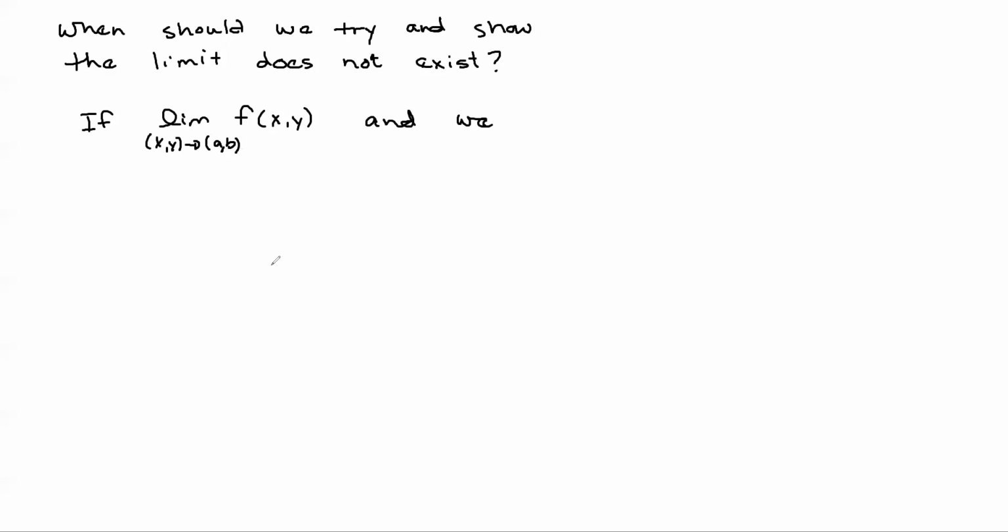It's a technique that's used for finding limits in Calc 1 as well, and I'll explain where that comes from in a minute. But if we try to plug in and we find that f of (a, b) results in 0 over 0, then you can try and show that the limit does not exist.